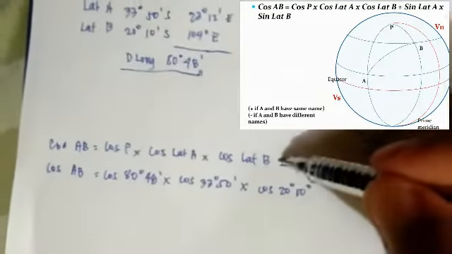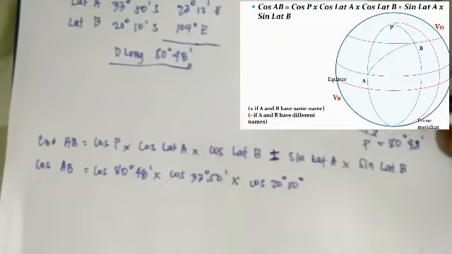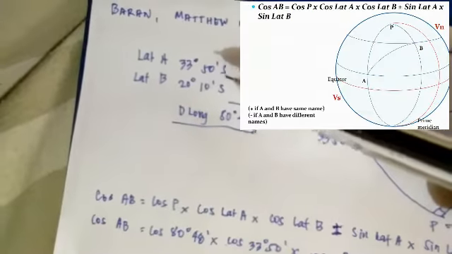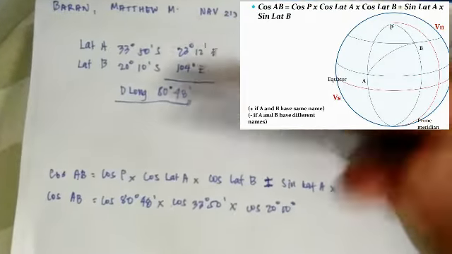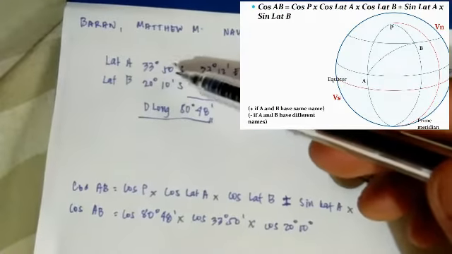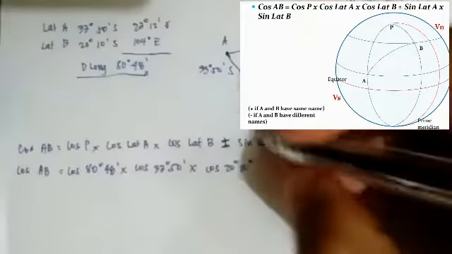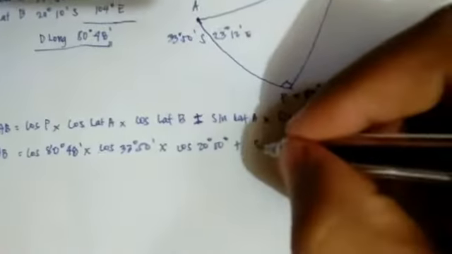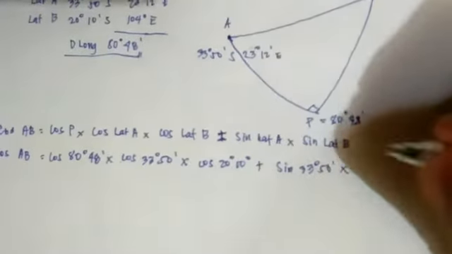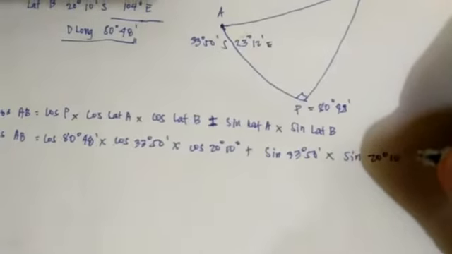To identify whether it is plus or minus, we need to look at our latitudes. If they have the same name, we add, and if they are different, we subtract. Since they have the same names, south and south, we add. So plus sine latitude A, which is 33 degrees and 50 minutes, times sine latitude B, which is 20 degrees and 10 minutes.